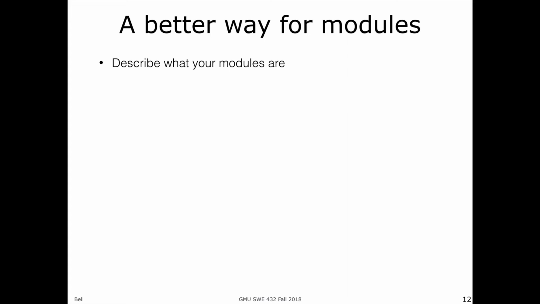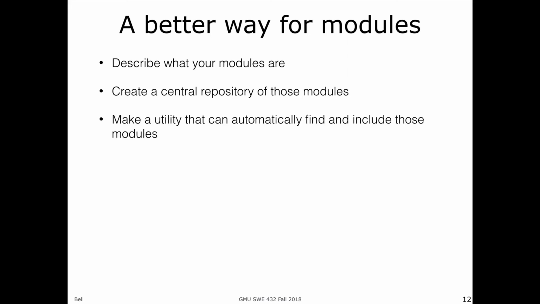Like, here's a module for reading text input. Here's a module for manipulating graphics. We want to have some central repository of those modules so that then you as a developer can discover all of these different modules that exist. And then we want to create some utility that can automatically find and include those modules in our own development projects.